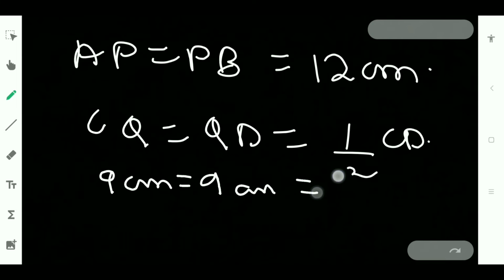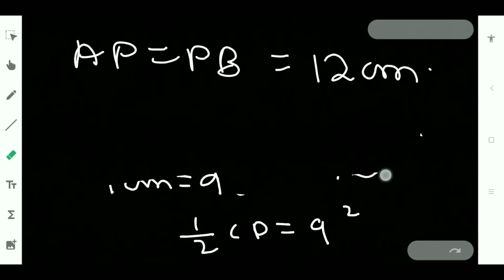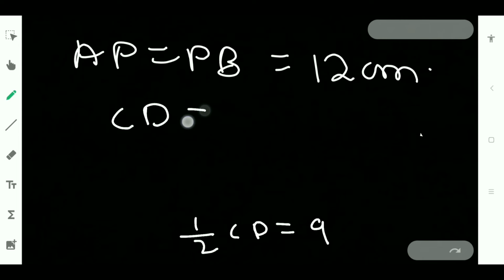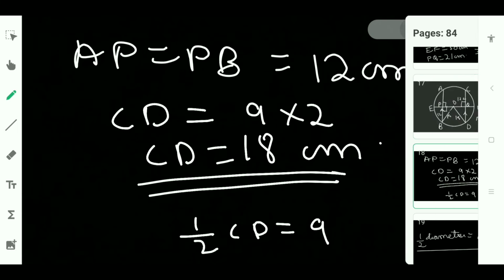So half of CD is equal to QD, that is 9 centimeter. On transposing 2 onto the RHS, we get CD is equal to 9 into 2, CD is equal to 18 centimeter. So CD is nothing but 18 centimeter.